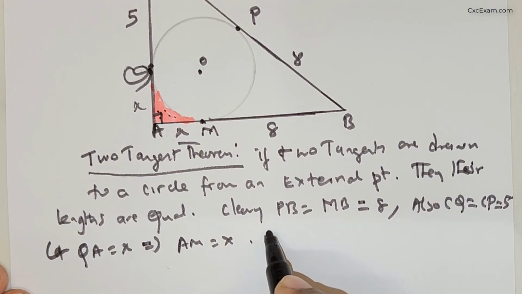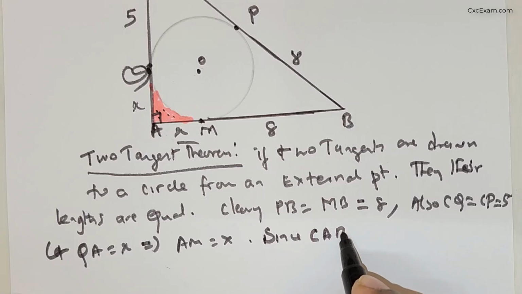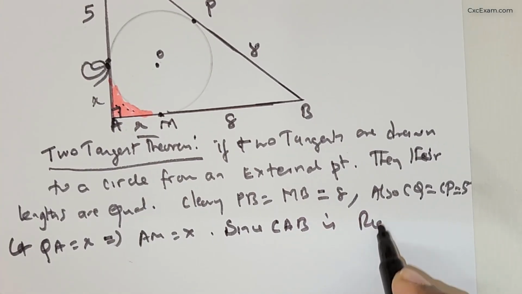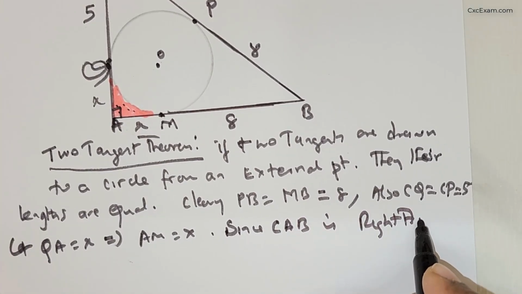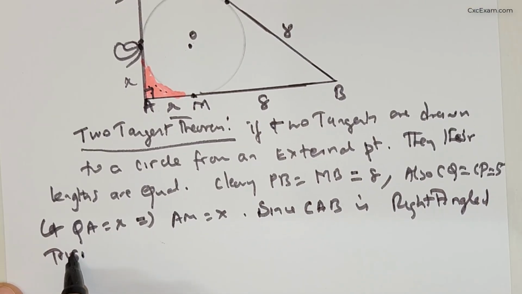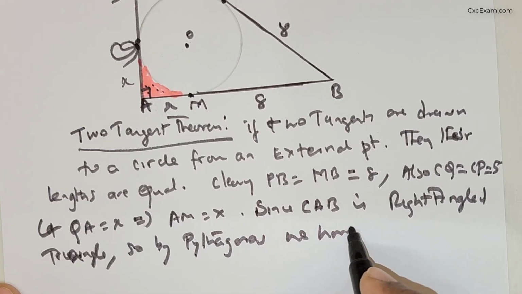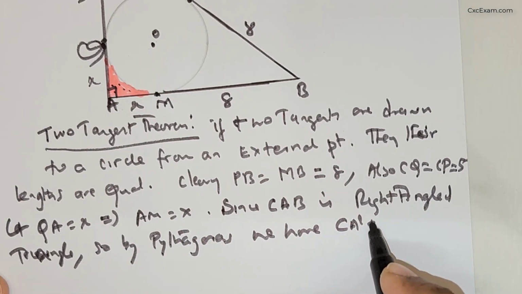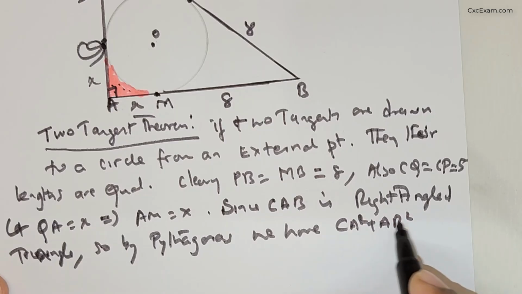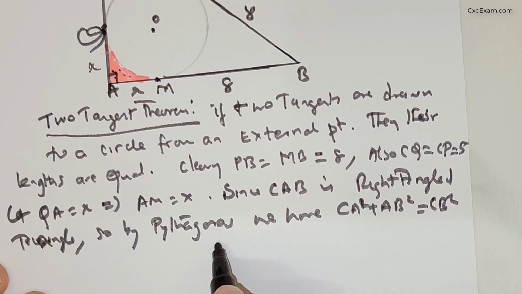Now since CAB is a right angled triangle, by Pythagoras we have CA squared plus AB squared is equal to CB squared.